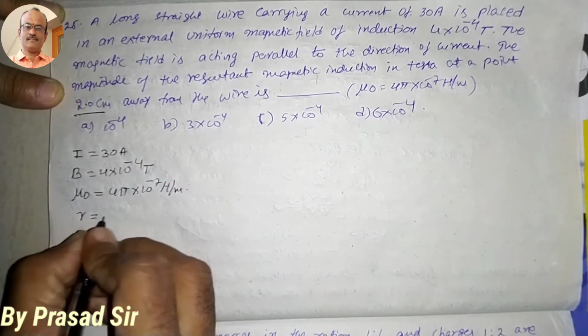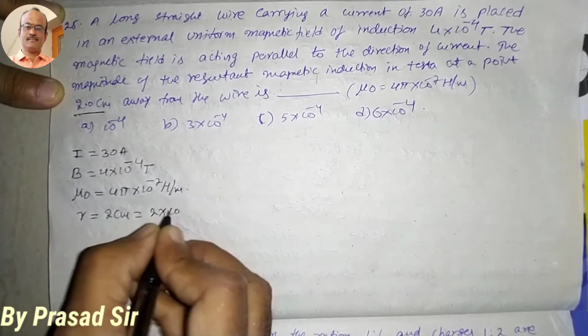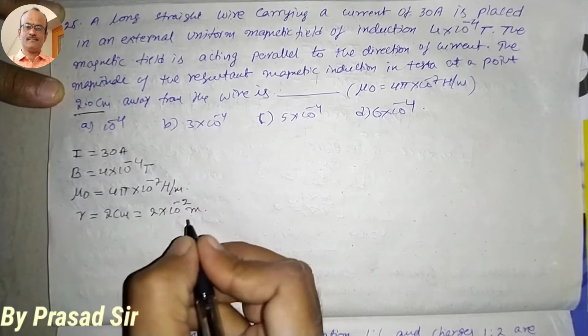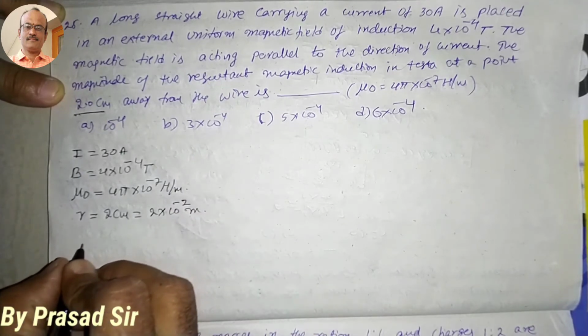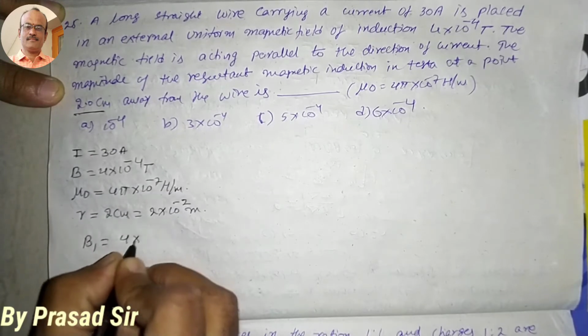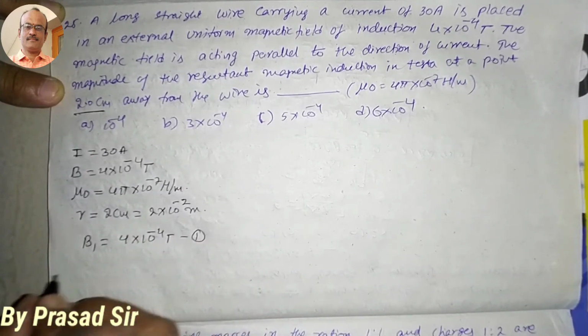So that means radius, the distance is equal to 2 centimeters. That can be written as 2 into 10 to the power of minus 2 meters. But initially I will take the magnetic field B1 is equal to 4 into 10 to the power of minus 4 Tesla. This one I will take as number 1.